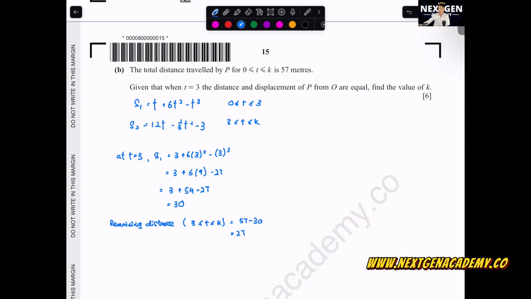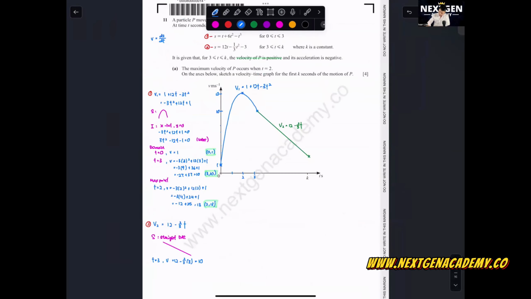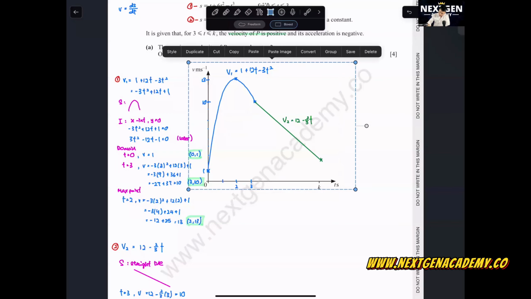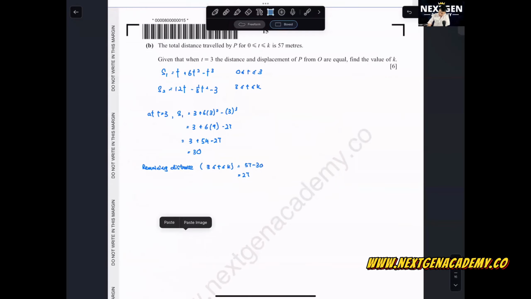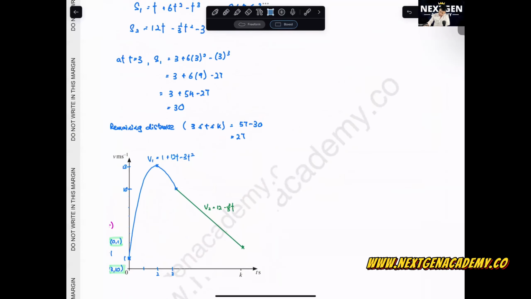All right, now let's look back at the graph. Let me bring it down here. Copy, paste. Okay, like that, easier to see. If we look at the graph, what do we know about the VT graph?